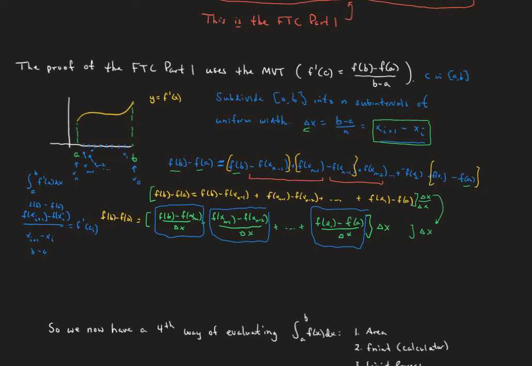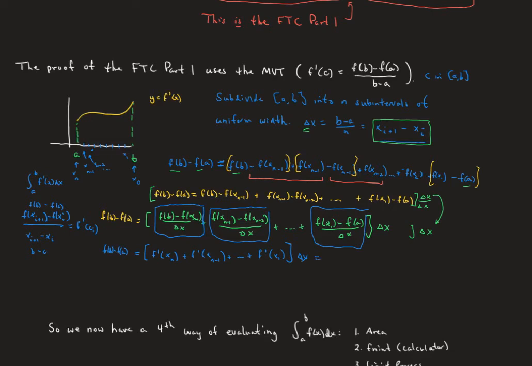So the claim is that we can now say that f of b minus f of a is going to be f prime of x sub n plus f prime of x sub n minus 1 plus all the way out to f prime of x sub 1, and that's still times a delta x.